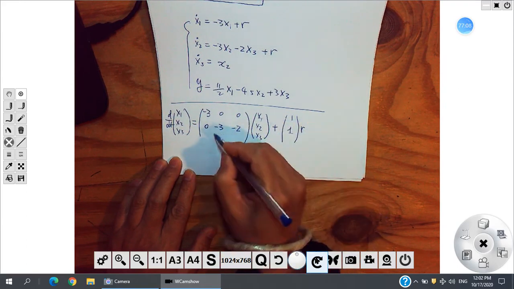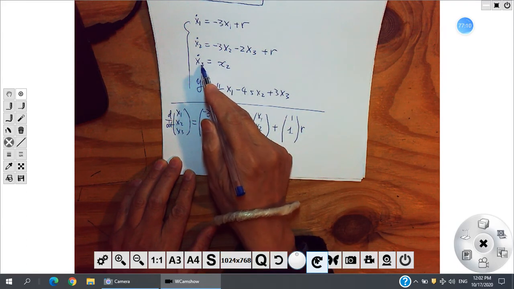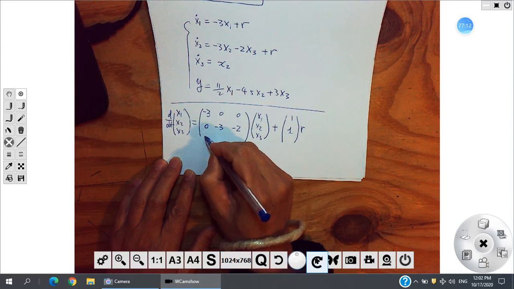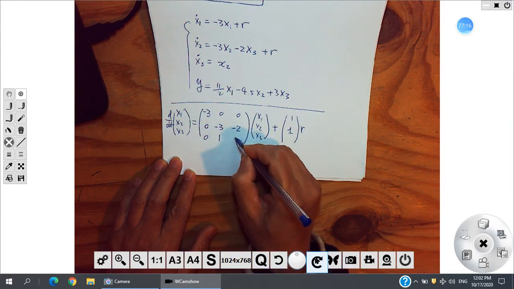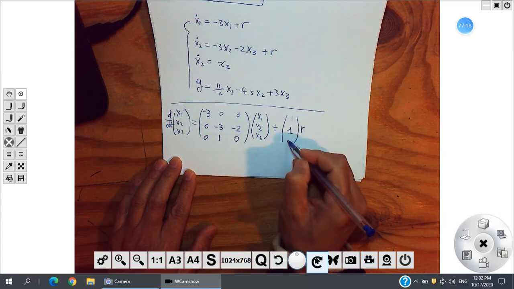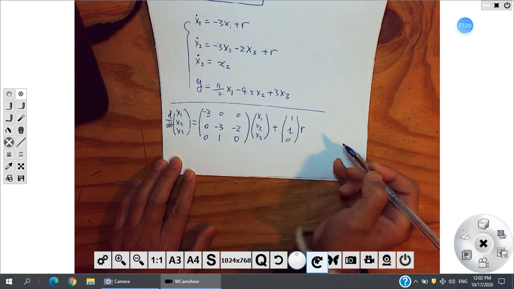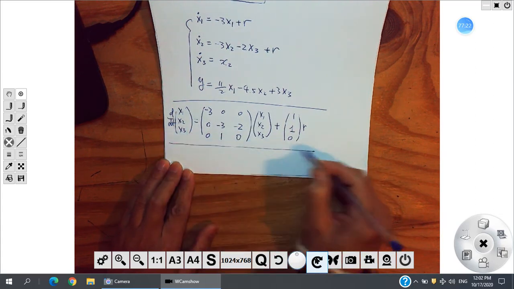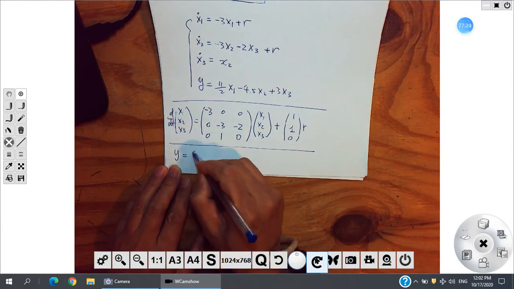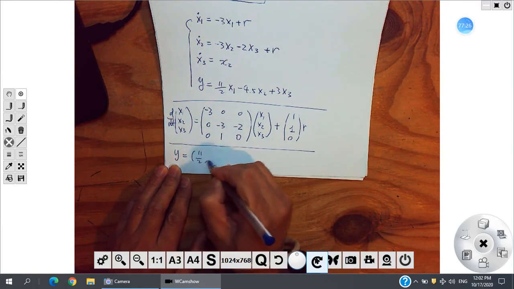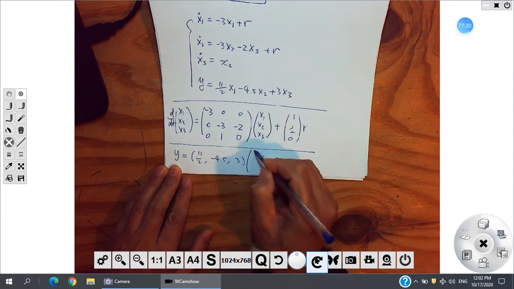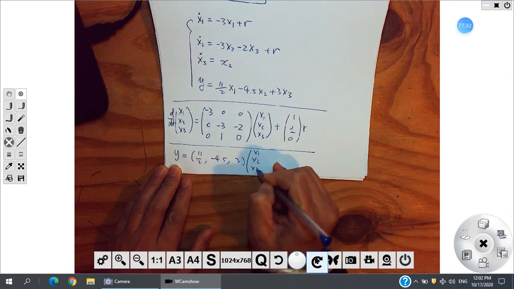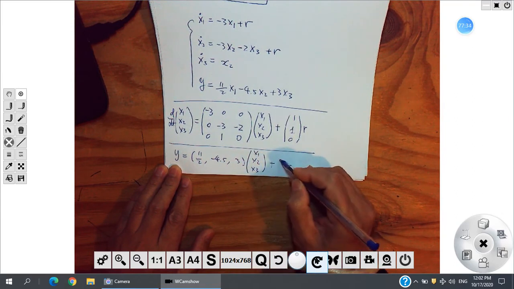Then x3 dot equals no x1, 1 of x2, no x3, and no r. And y equals 11/2, -4.5 and 3, the coefficients of x1, x2, x3, plus 0 times r, D0.